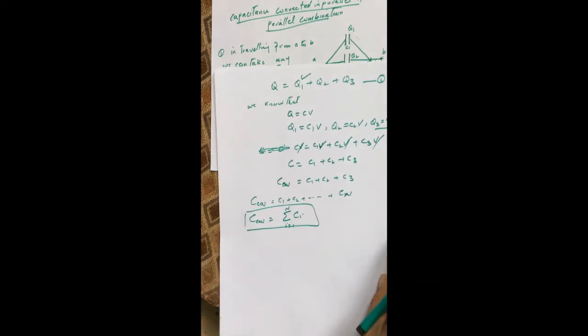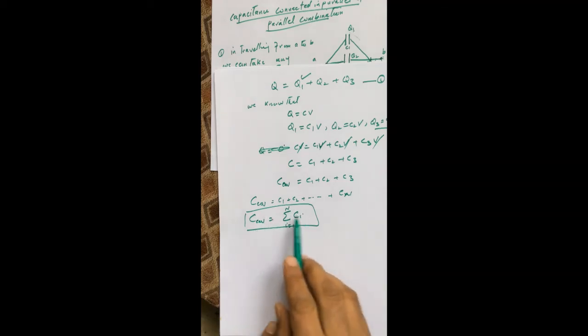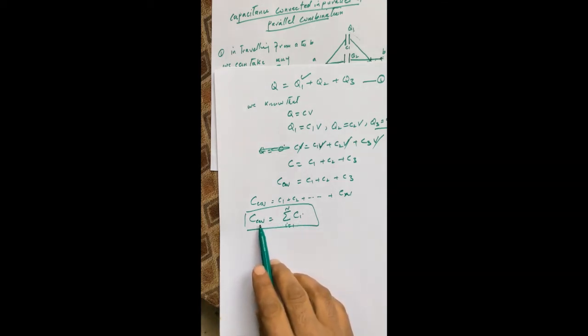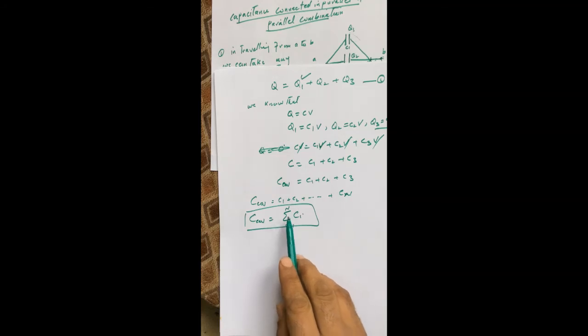Now to find the equivalent capacitance in parallel combination, from this equation we see that in order to find the equivalent capacitance of a parallel combination, we simply add the individual capacitances.